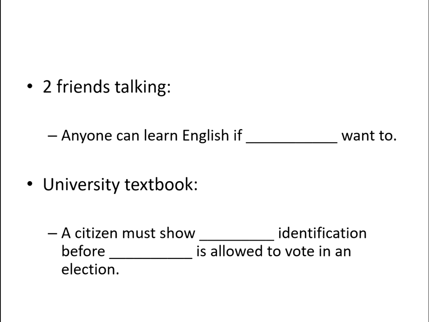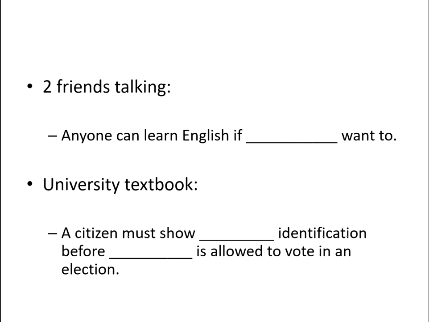First, 2 friends talking. Anyone can learn English if, here you could say he or she wants to, but most people, when they're just talking to their friends, don't want to say he or she, they'll just say they. Anyone can learn English if they want to.